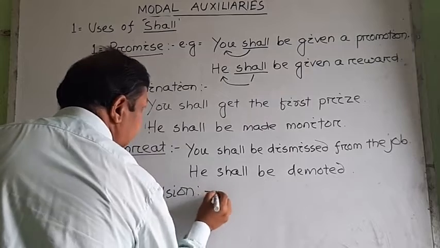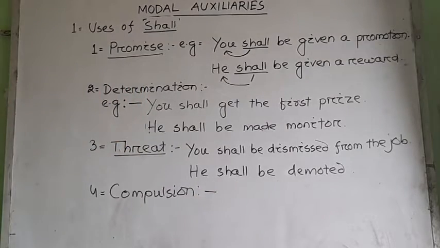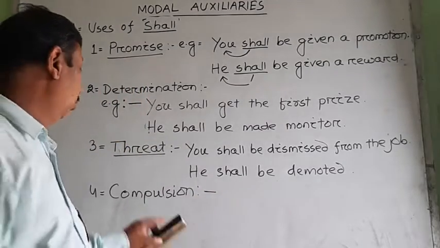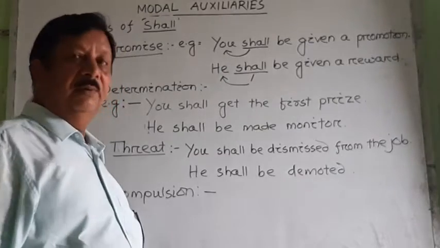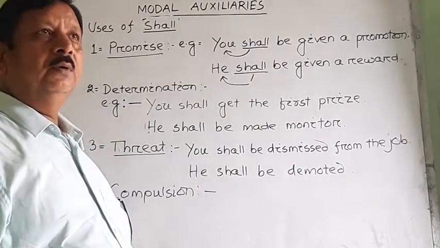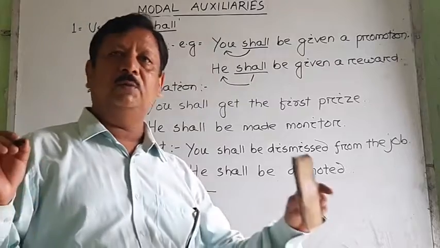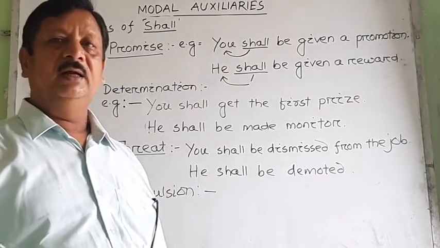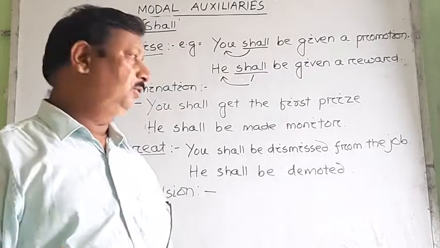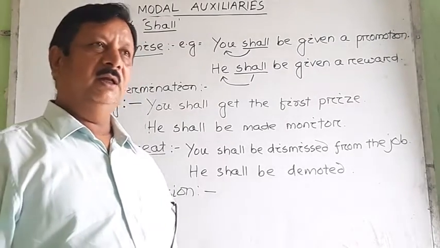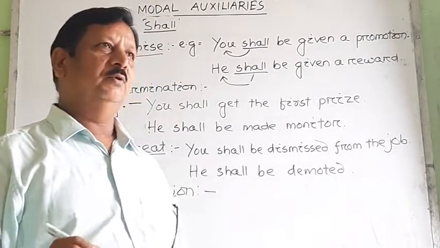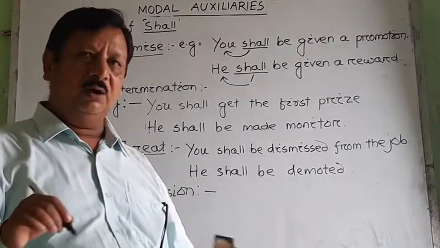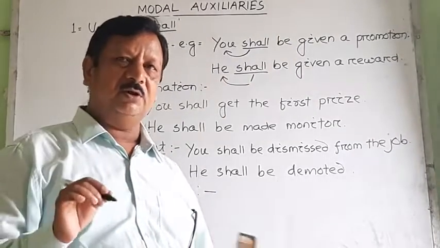It also expresses compulsion. How? Because you know that even when we go through some of the instructions given in the offices or something like that, during that time they use shall. In some of the forms, when we fill up, beforehand we go through each and every instruction carefully.